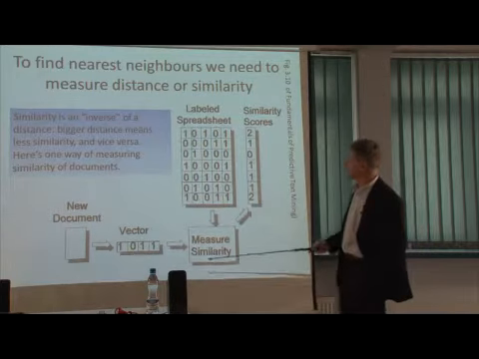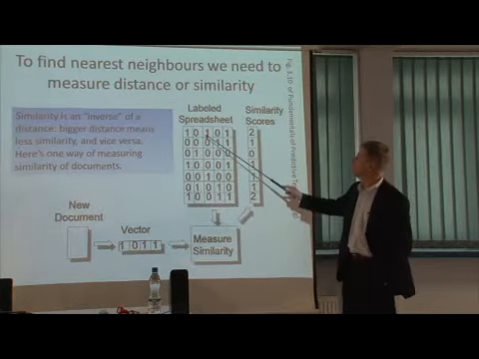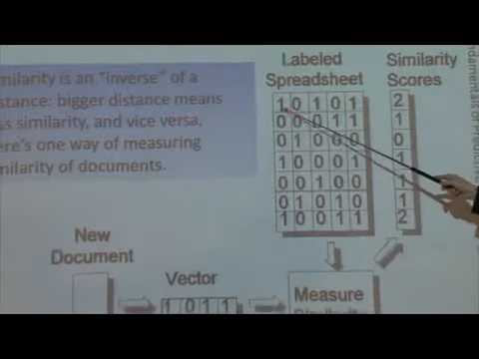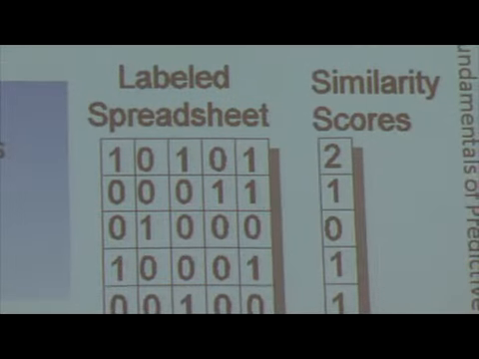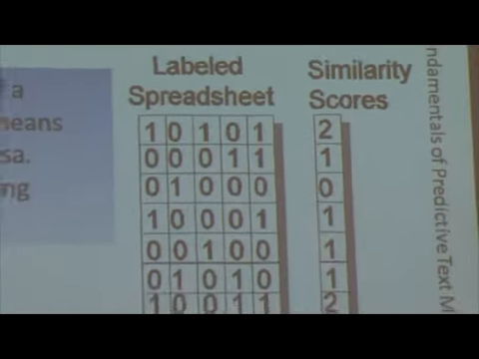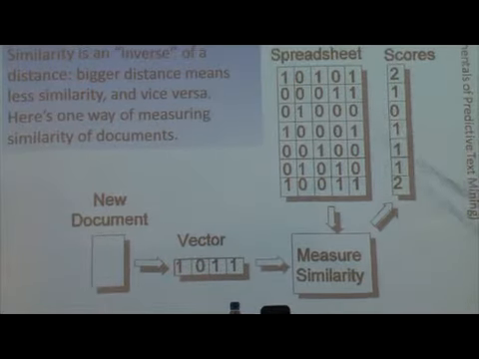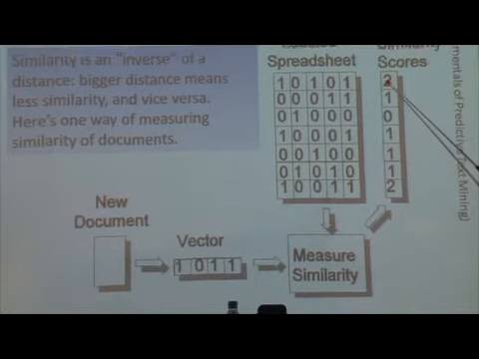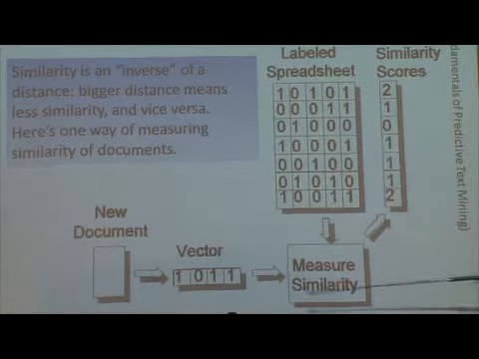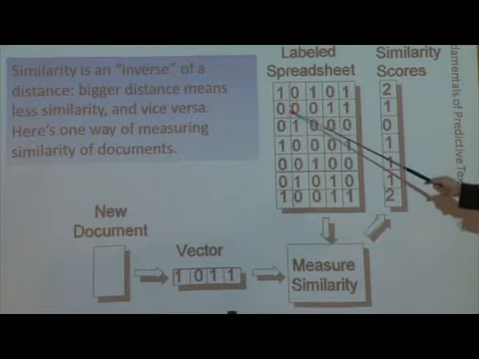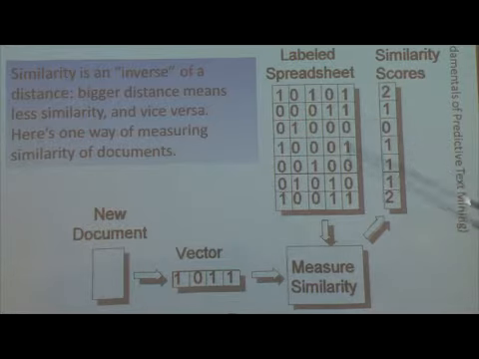Then we can measure in how many places this new document corresponds to the document in class 1 versus class 0. All right, so 1011 matches these two guys in two places, so the score is 2. And then say for this guy the score is 1, and so on and so forth.